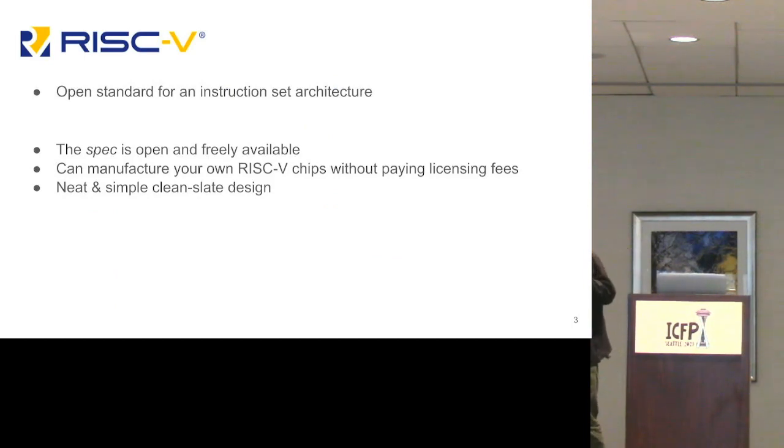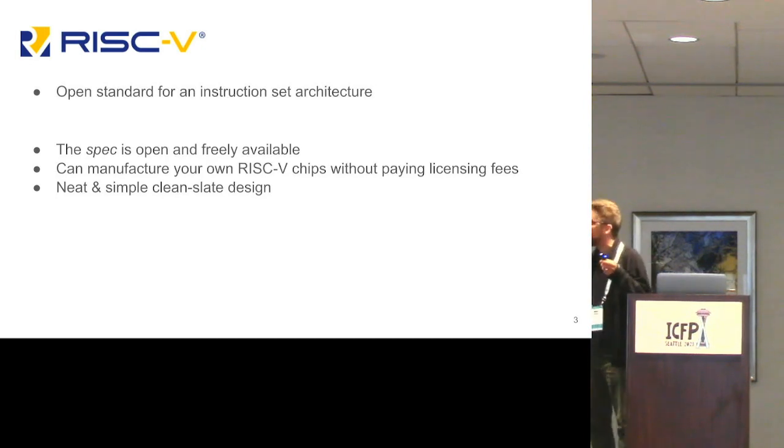I was super surprised when I learned that this is a big deal, in the sense that most other big commercial instruction sets do not even publish the standard openly. So you have to pay license fees and sign NDAs and everything, even to know what the specification is. Whereas for RISC-V, the specification is open and governed by a somewhat neutral body that maintains this standard.